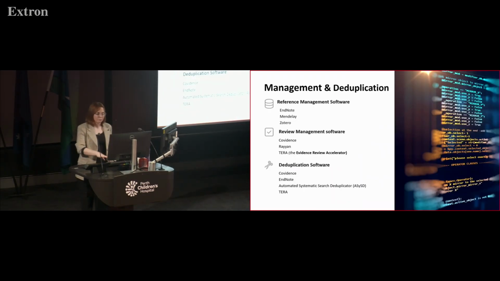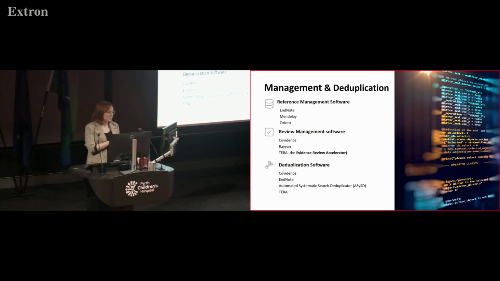Just another quick word on some useful software to help you manage your results and also to help you deduplicate when you get all of your final results across your databases. So once you've searched on all your databases and you pull all your results, you're going to want to deduplicate them. So I tend to use something like Assist, which you can upload all of your results into, and it will deduplicate for you.